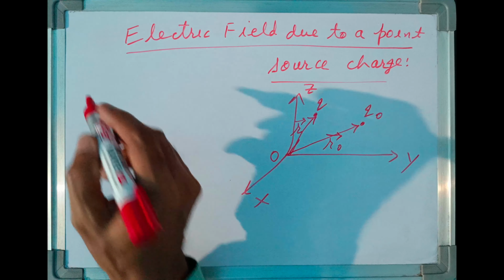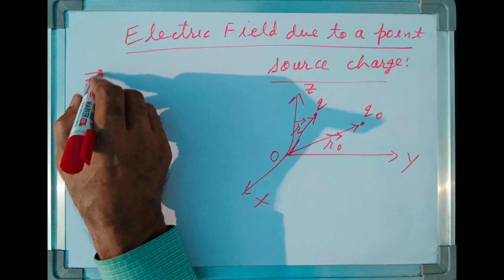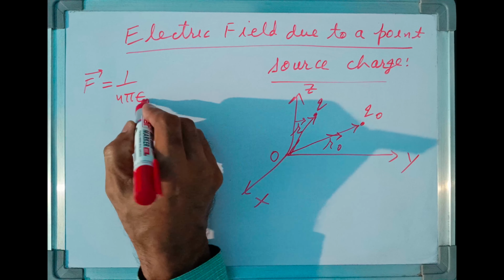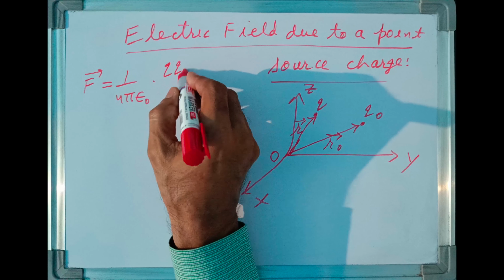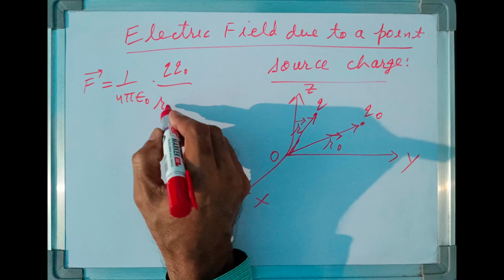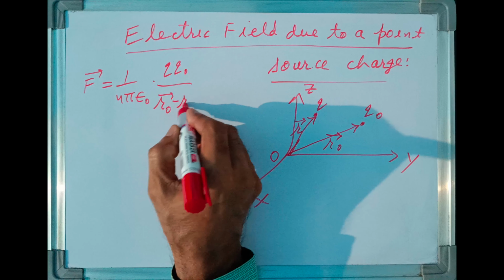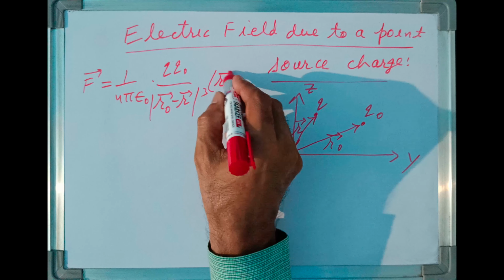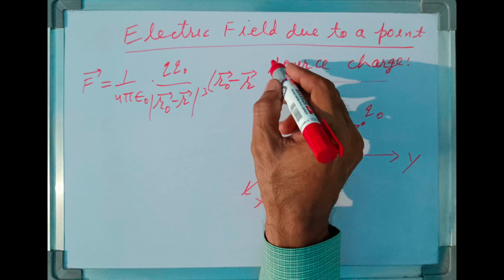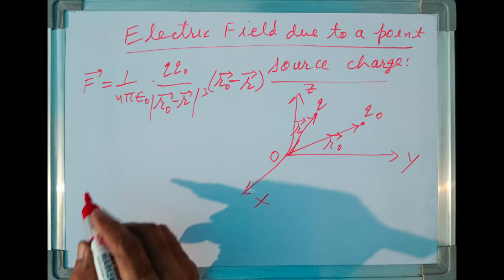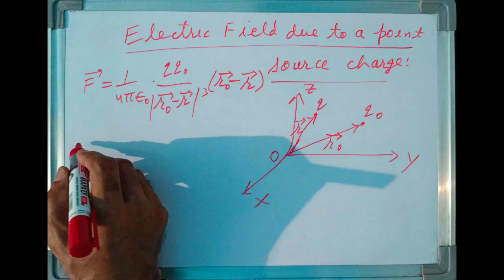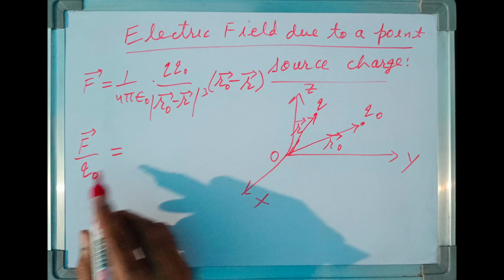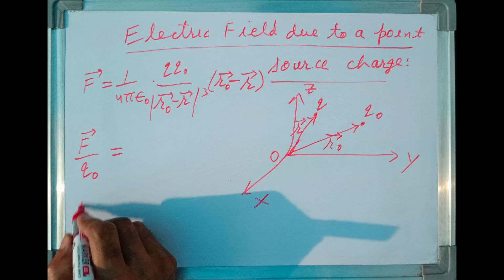As we know from Coulomb law, force experienced by test charge can be written as 1 upon 4 pi epsilon naught Q naught q upon mod of r naught vector minus r vector, cubed, multiplied with r naught vector minus r vector. If I take Q naught to left hand side, I get answer for electric field.